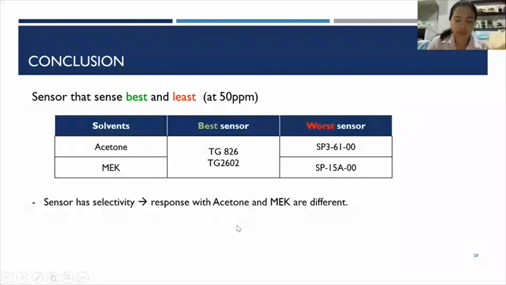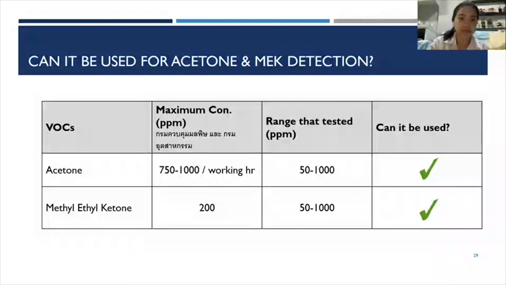From the experiment, it can be concluded that the responses to acetone and MEK are different in the same sensor, and the sensors can also be used for industrial safety applications because they can detect in the low limit range.